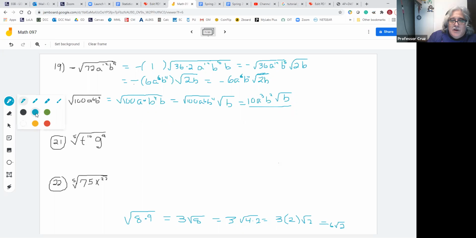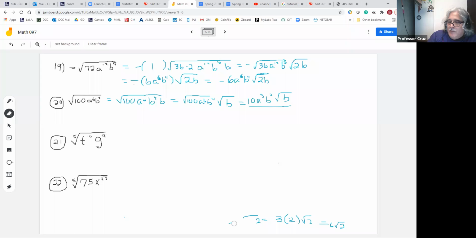All right, so 21 should be able to be handled just like the cube root. In other words, you don't have to be thinking about any numbers because that's all variables.